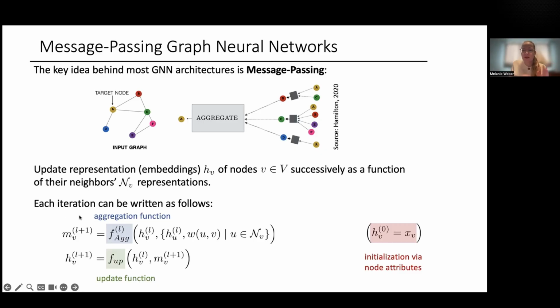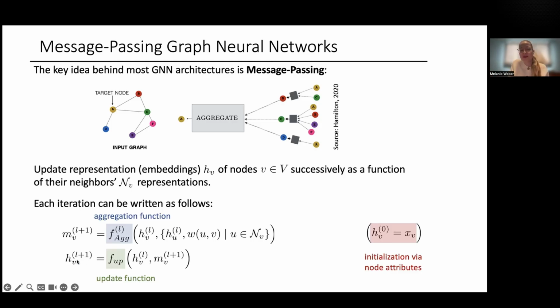And then this aggregate is called the message, and that is passed together with the current embedding of the node into an update function. And this update function is a parametric function. Oftentimes, this is implemented as an MLP with trainable parameters.